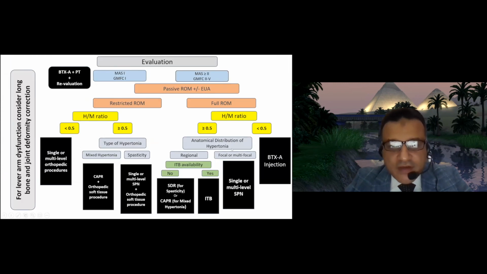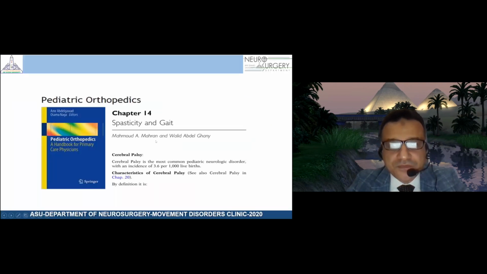In Ain Shams University, we adopt this algorithm to manage the pediatric hypertonia, depending on many scoring parameters, either physical, electrophysiological, or functional parameters, and we can place every type and degree of hypertonia in the right square. We have many techniques like the botulinum toxin injections, selective neurotomies, intrathecal baclofen, rhizotomies, and the orthopedic techniques. We can get this information.